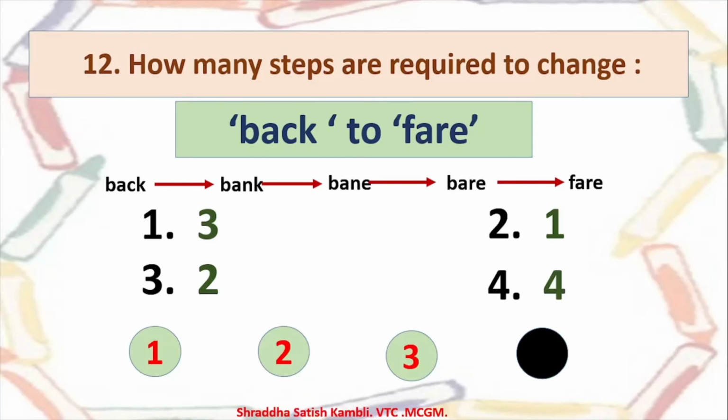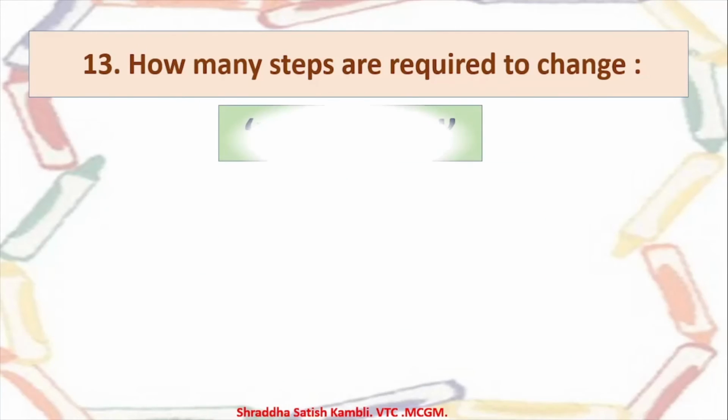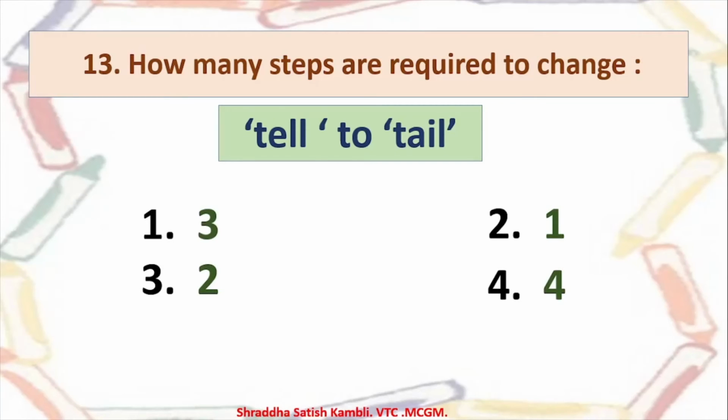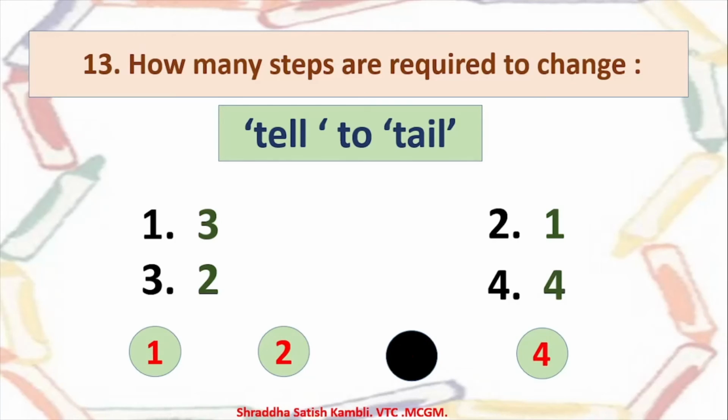Okay. The next question, how many steps are required to change tell to tail? Let's see. So is it 1: 3 steps, 2: 1 step, 3: 2 steps, or 4: 4 steps? So 1, 2, 3 and 4. Which is the right answer? It is option number 3, just 2 steps.